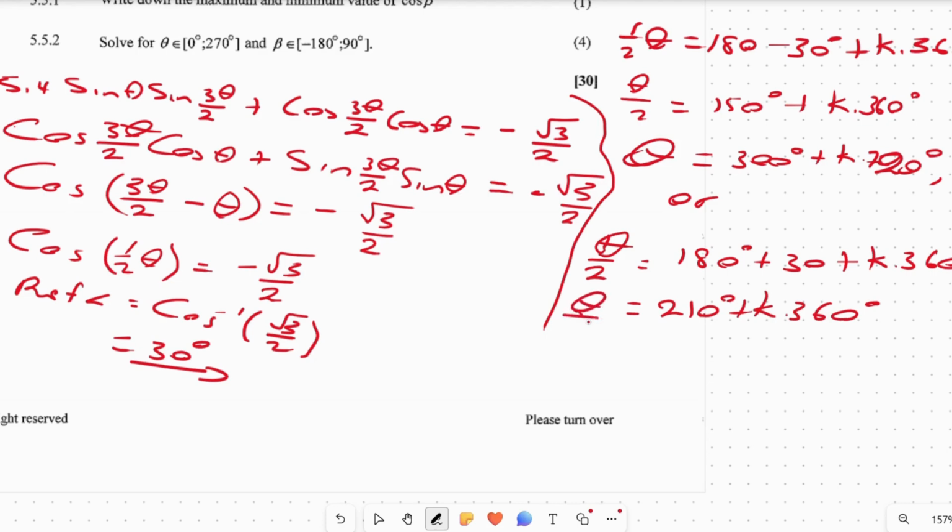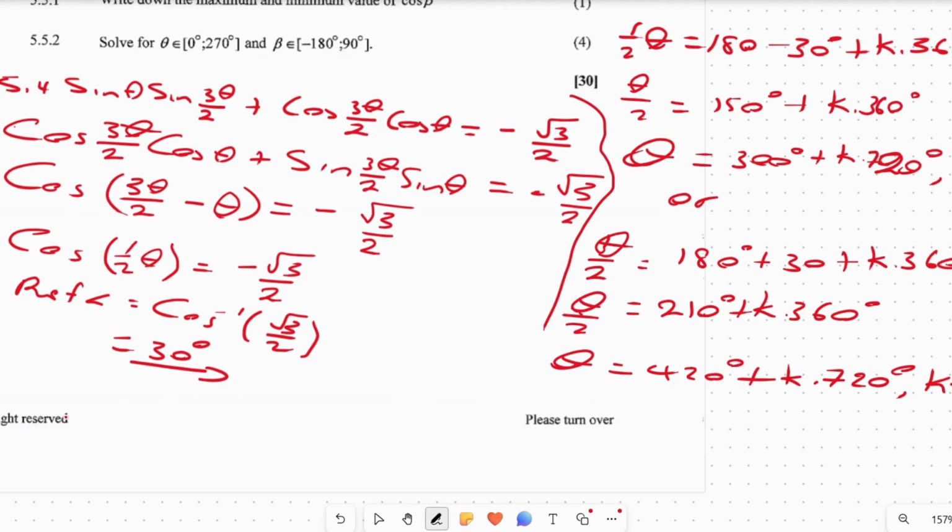Then this is theta over 2, so theta is going to be 420 plus k times 720 degrees, because I multiply by 2, where k is an element of integers. That is how I get the answer for 5.4.